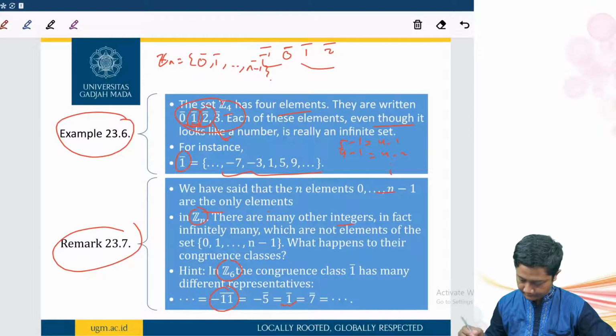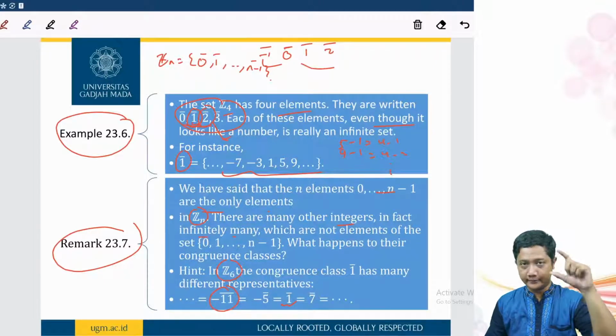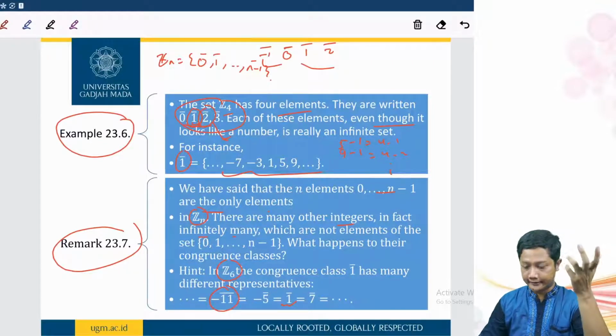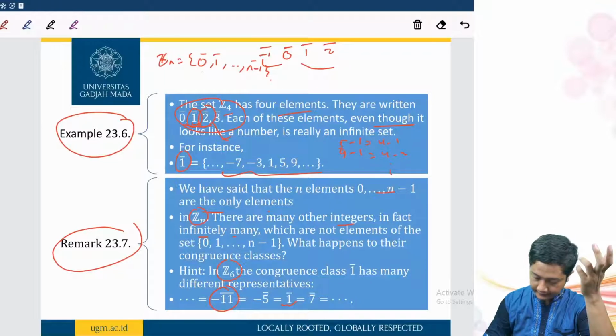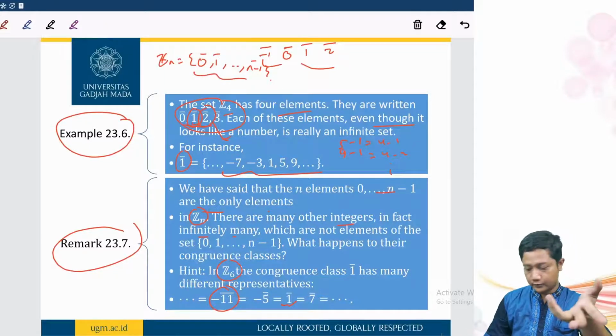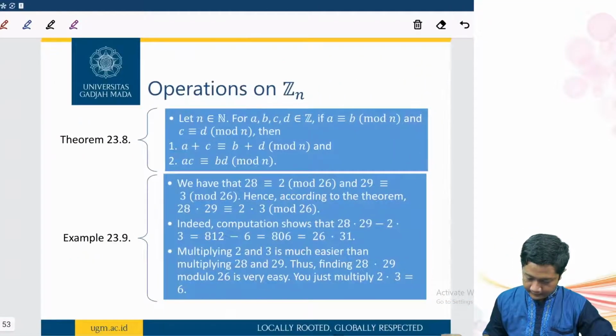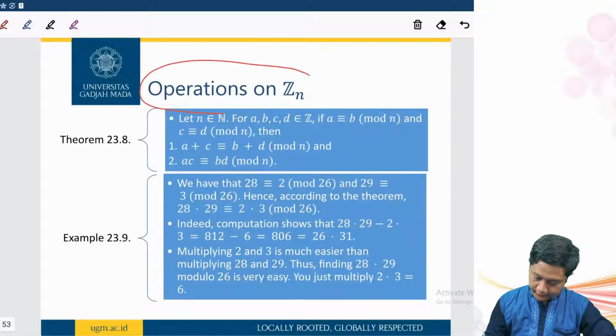So even though we have so many elements there, we usually only pick one as the representative, and usually the representative is 0, 1, 2, up to n minus 1. Usually that's what we use.